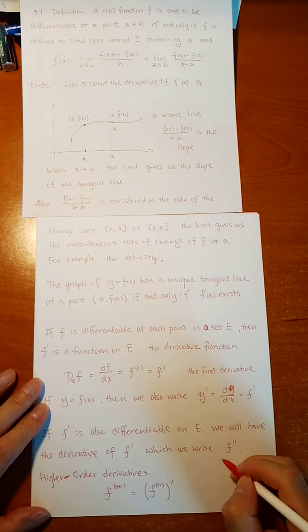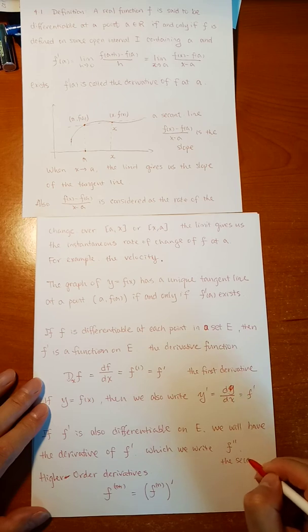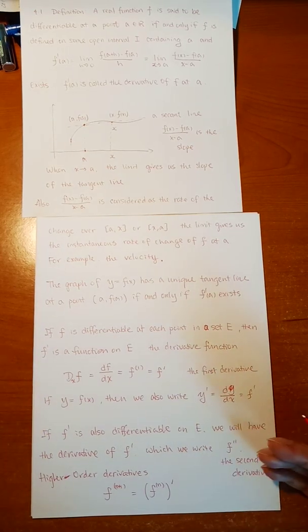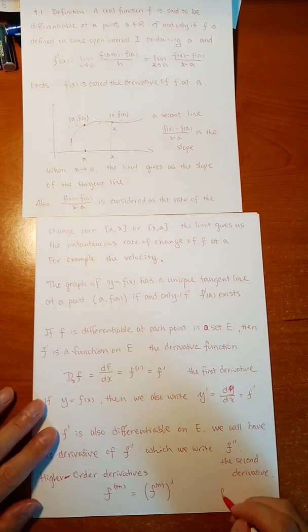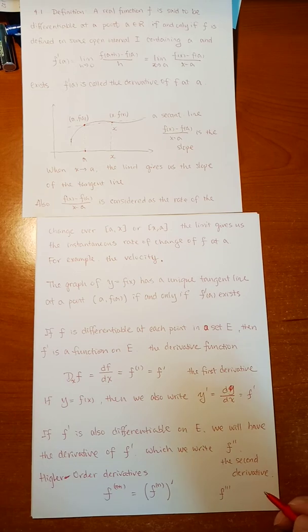And this is called the second derivative. And you may have a third derivative. For the third derivative, you can put a triple prime. But starting from the fourth derivative, you will not put 4 primes. You will just write f to the fourth, the fourth derivative of f.